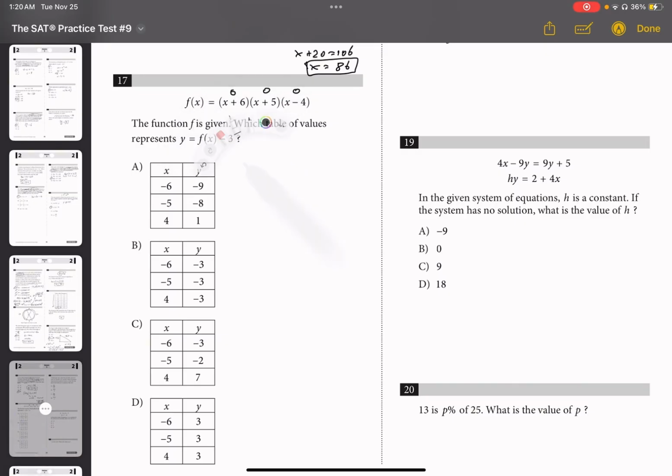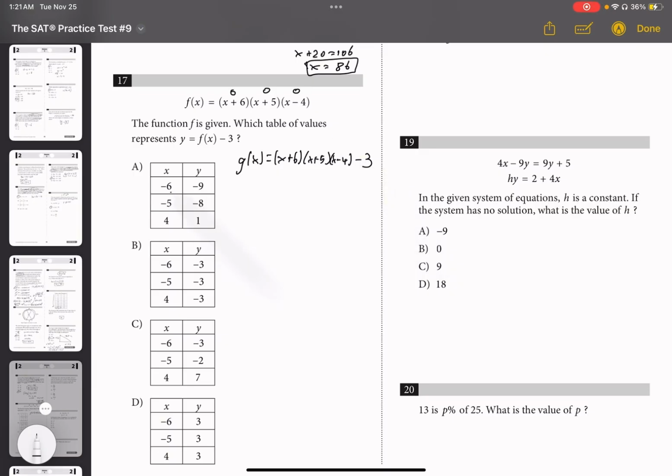But now we need to consider our new function g of x, which is equal to the same thing as f of x, but we're subtracting 3. So whenever we have one of these former zeros being plugged in, we're going to get a value of -3.